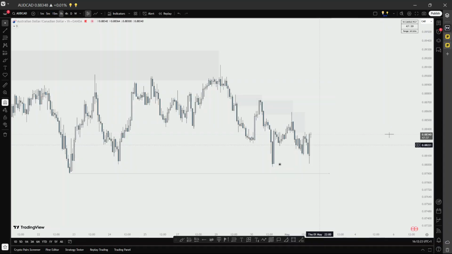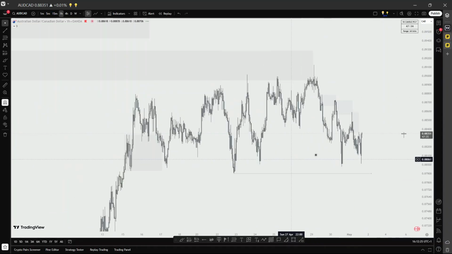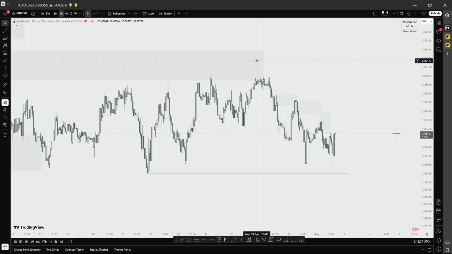Let me take you to the chart. So this is that 4H POI that I was talking about. After the mitigation, if you see carefully, we have this buy side liquidity that was swept, and that gave more confidence on why this pullback happened.